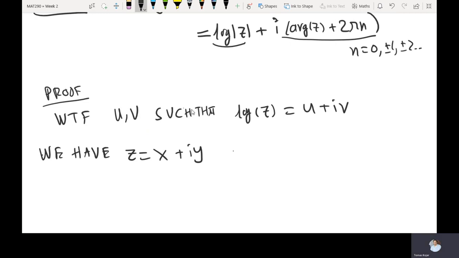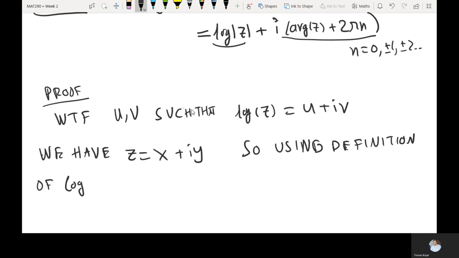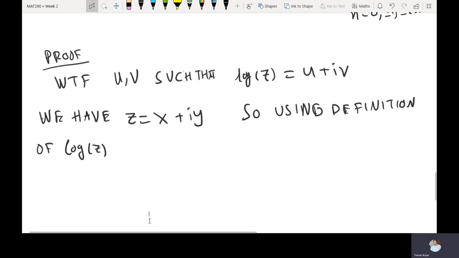Right, so we have this. So using the definition of log, we have the following.